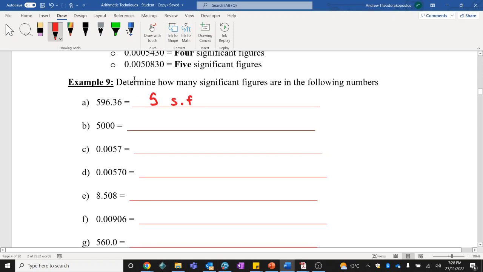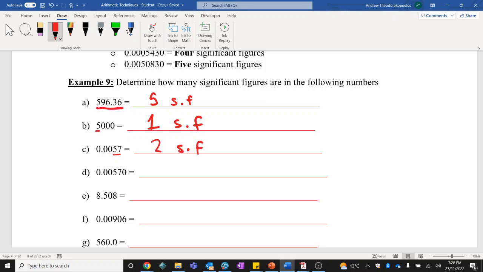So we only have 1 significant figure. Here it says if we have a number that starts with less than 1, so 0 point something, then our first significant figures are the first non-zeros. So it's just these 2 significant figures. I'm just going to underline the numbers that are significant. Same thing here. These 3 are significant.